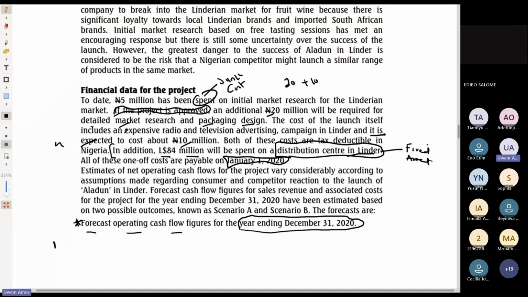So to enable us account for a full year, because anything that happens on January 1st is like a full year transaction. So January 1st to December, it's going to stay in our book for a full year. So to enable us account to that, whenever we have a cash flow that occurs at the beginning of the year, we would always assume it occurred the previous year.